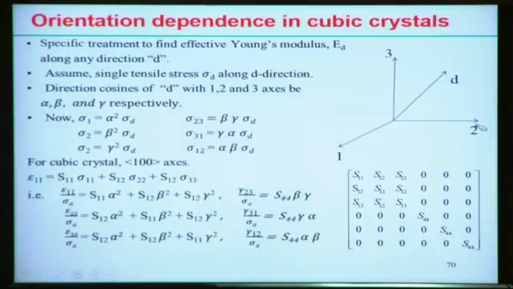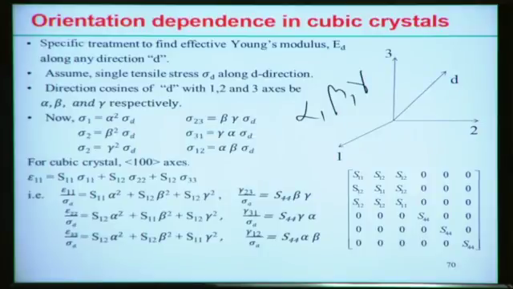first consider the direction cosines alpha, beta and gamma with respect to the 1, 2 and 3 axes. The direction cosines are defined with reference to the axis D along the 1, 2 and 3 axes. For example, alpha, beta and gamma are the 3 different direction cosines.